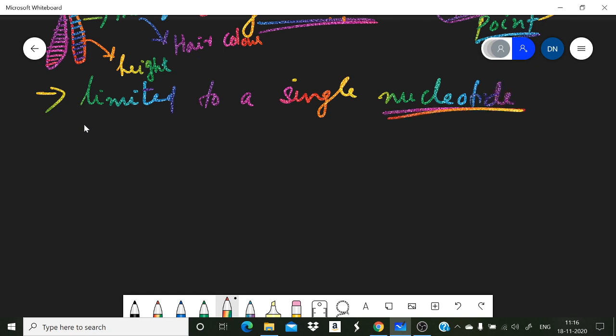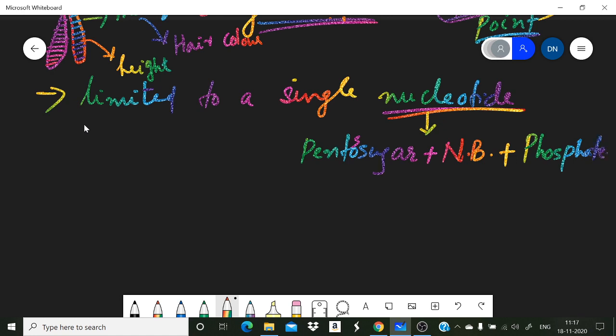I hope you know what a nucleotide is. A nucleotide consists of a pentose sugar plus a nitrogen base plus a phosphate group.